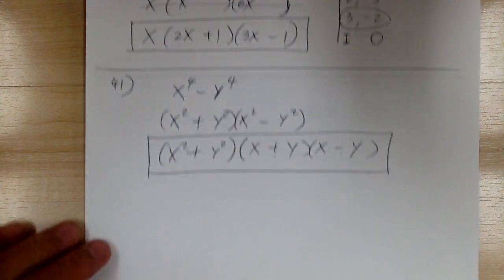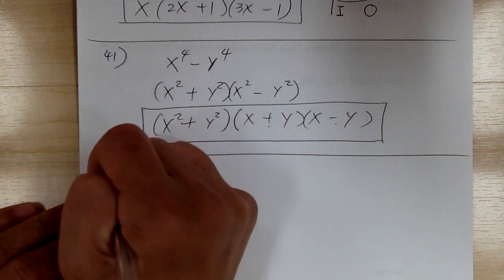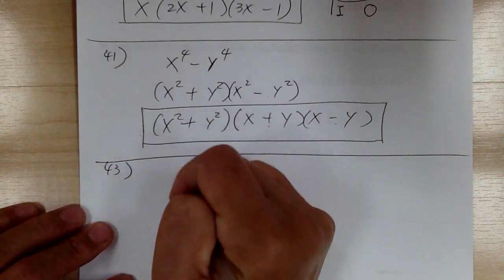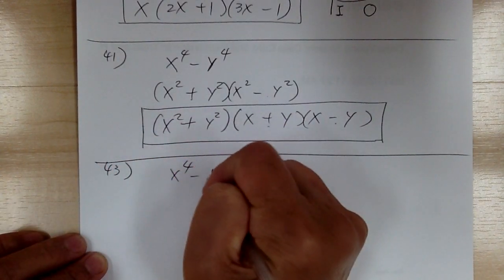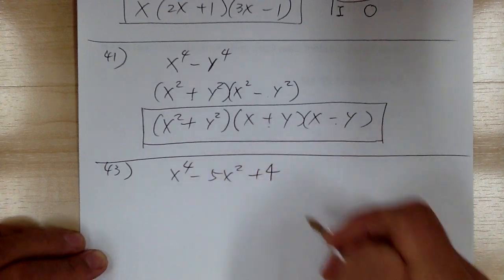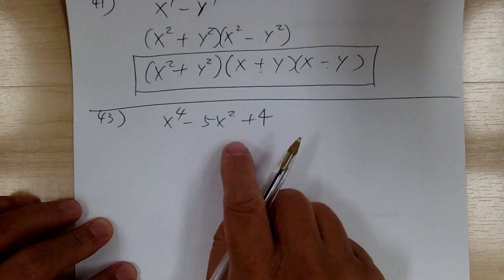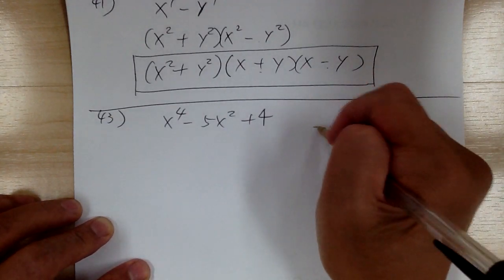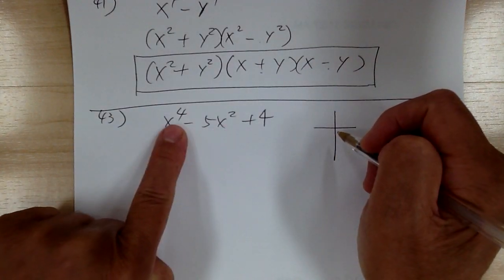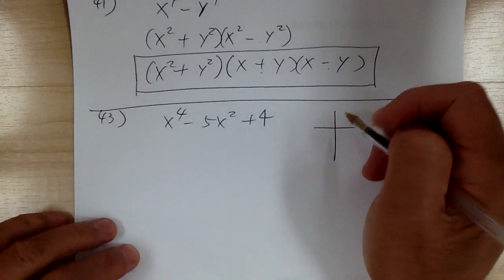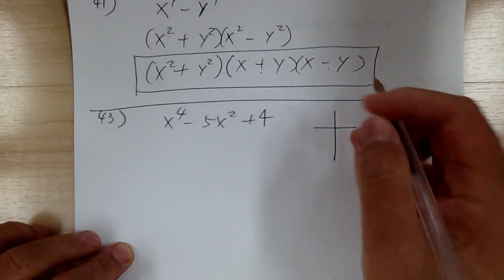Okay, let's go to 43. Yeah, x to the 4 minus 5x squared plus 4. Okay, so again, step 1, common factor cannot. Step 2, step 3, step 4. So master product, even though you have a square and the 4th power, you don't worry about it, okay? It's going to work out. You just focus on the coefficient.